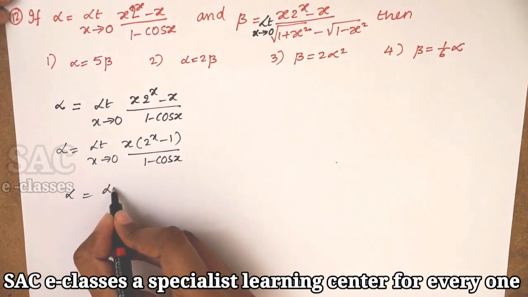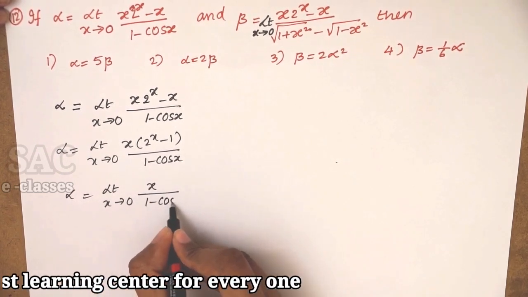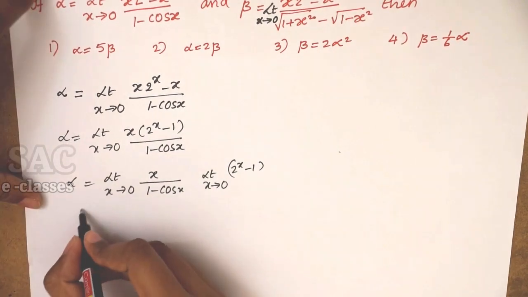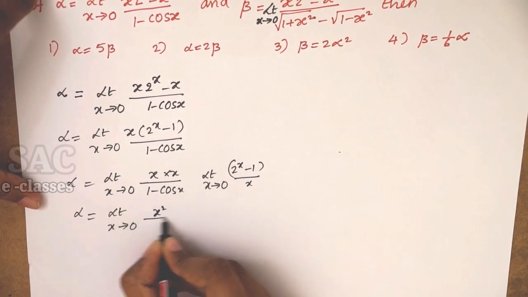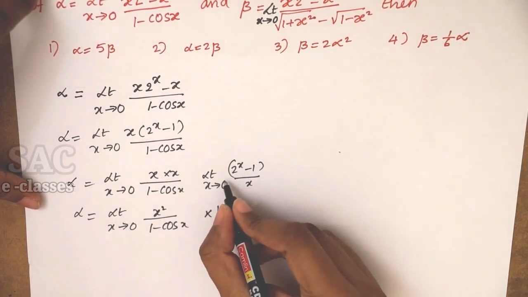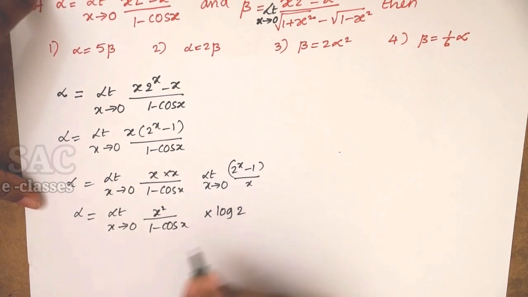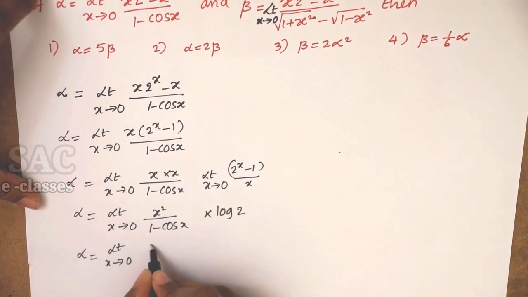Clearly, alpha equal to limit x tends to 0, x by (1 minus cos x) as one group, and limit x tends to 0, (2 power x minus 1) by x into x. Now it is x square by (1 minus cos x) into, we know this limit x tends to 0, (a power x minus 1) by x is log a, so log 2. Alpha is equal to limit x tends to 0, x square by (1 minus cos x), which is anyhow 2 sin square x by 2.